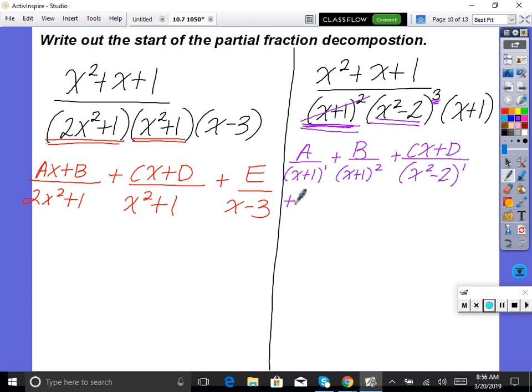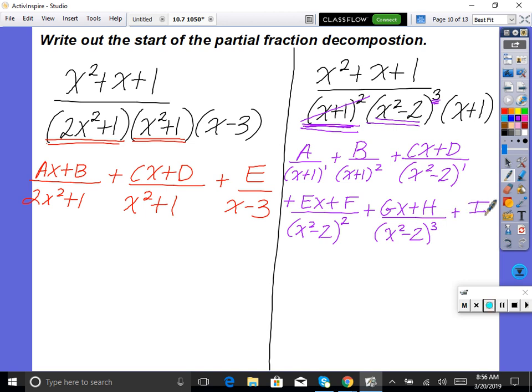Now, plus, yep, ex plus f over, counting up, x squared minus 2 squared, counting up, gx plus h over x squared minus 2 cubed, and hallelujah, we see it gives you hi, plus i over, good.